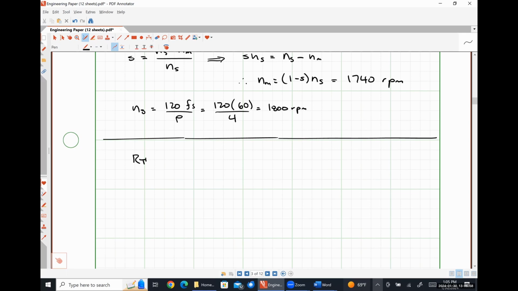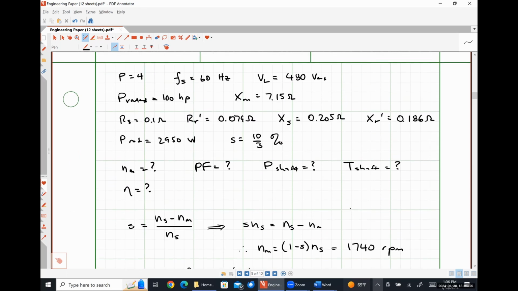So the Thevenin resistance is the stator resistance times XM over XS plus XM, quantity squared.